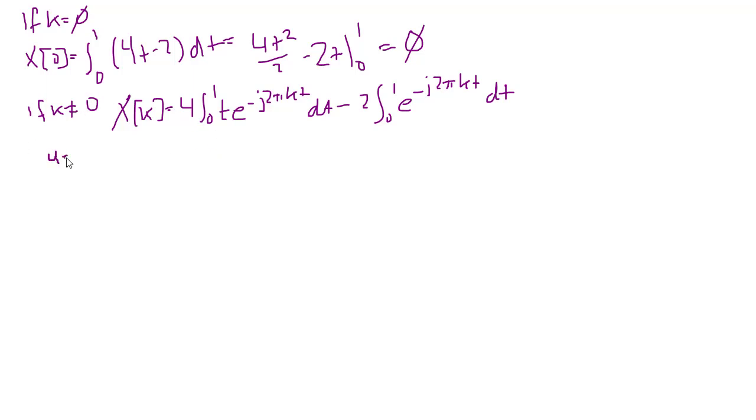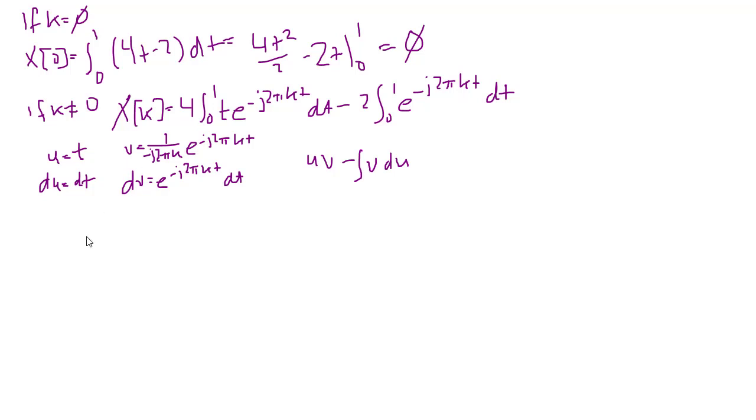So if we let u equals t, du equals dt, dv equals e to the negative j 2 pi kt dt, then v is equal to 1 over negative j 2 pi k e to the negative j 2 pi kt. Remember, for integration by parts, when we make these substitutions, we write uv minus the integral of v du.